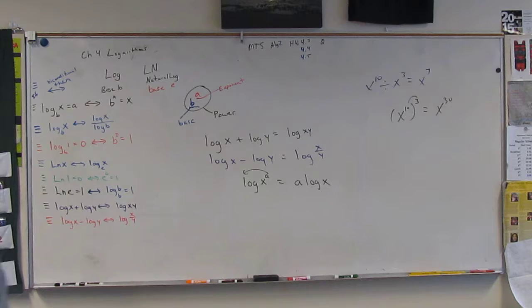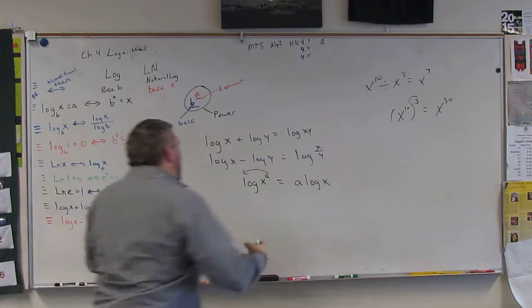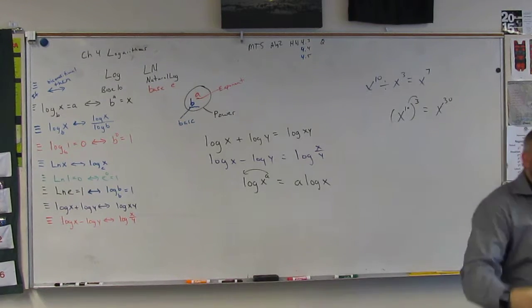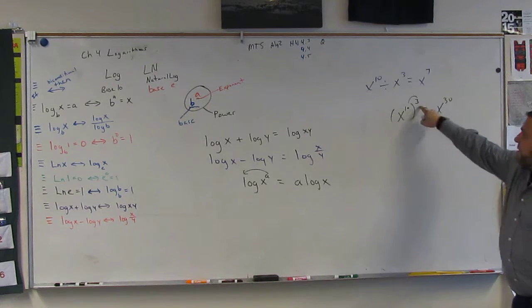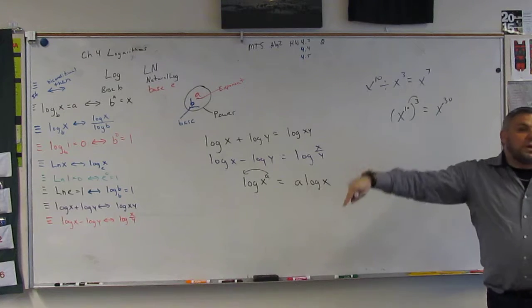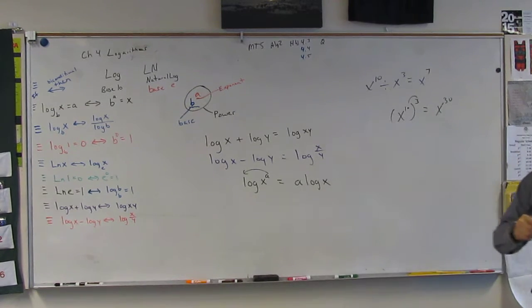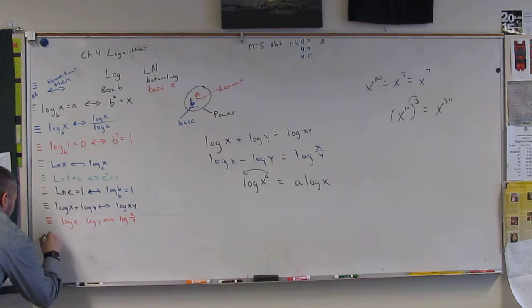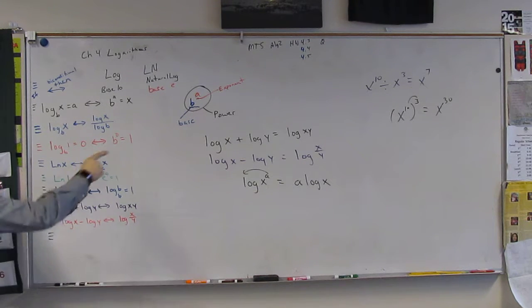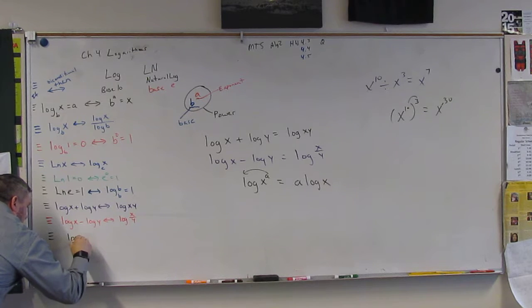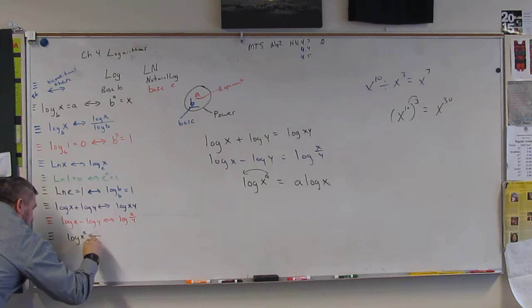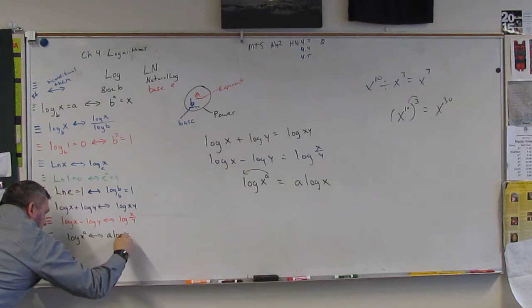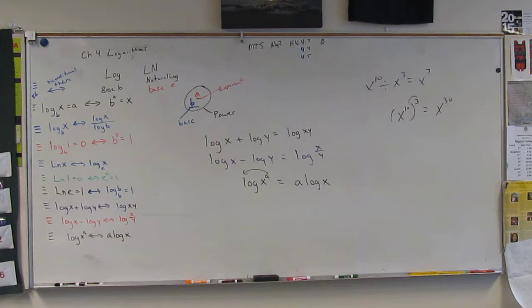That's it. Because I'm taking a power within the log. So a power of a power means to multiply, so I can just put it out in front. Okay? So if I get log of x to the a, then I get a log x.